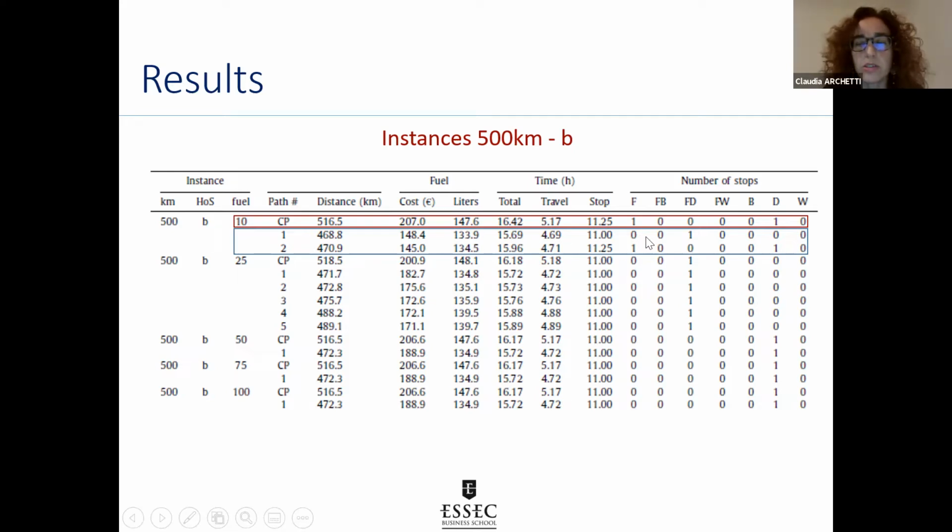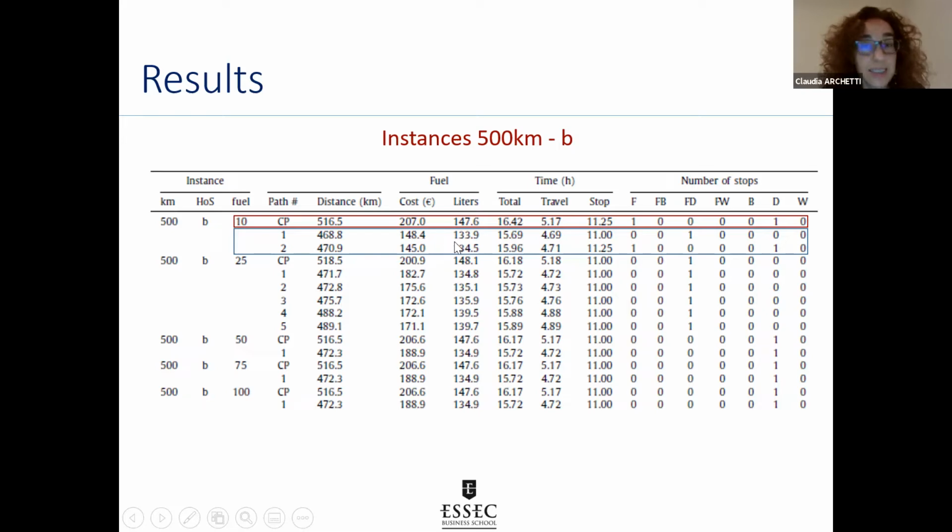This different duration is due to the fact that path number one combines the refueling and the daily rest stop in a single stop. Instead, the second one makes refueling and afterwards, or before that, it makes the daily rest.